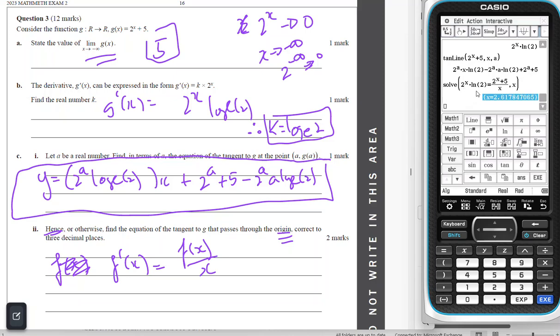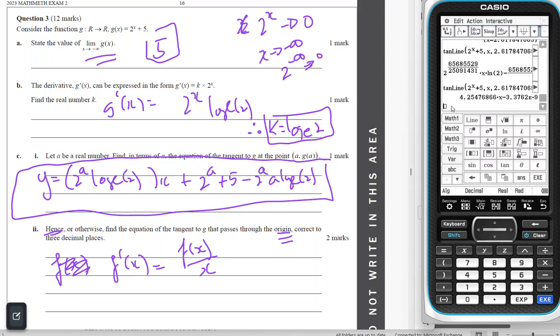So the tangent is at that particular point. So I can say I'm going to do my tan line again, but I'm going to place it at this point. That number is so small, it's 0, because of course it goes through the tangent.